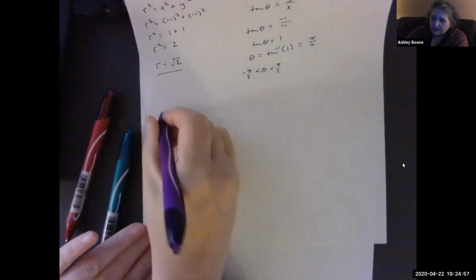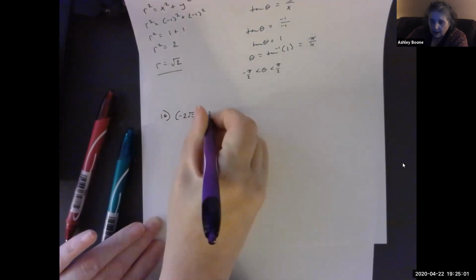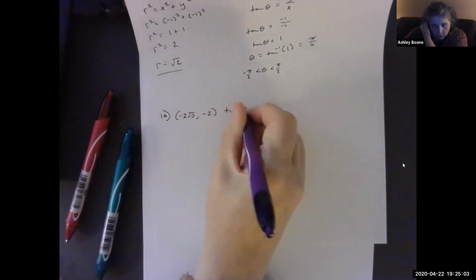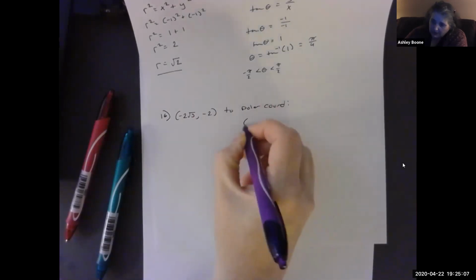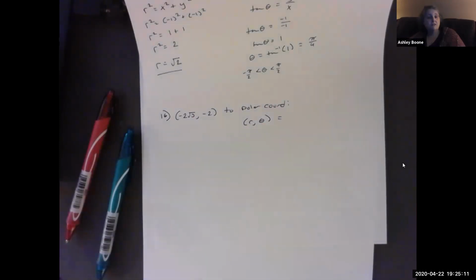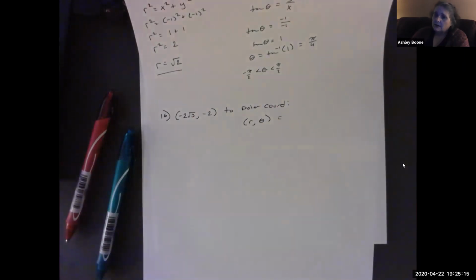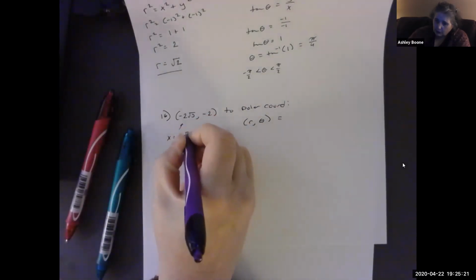Number 16 says to convert -2 root 3, -2 to a polar coordinate. So we know we want something in the form r theta. We want the r to be a positive value. We want theta to be within 1 revolution. So again, we know that x is equal to -2 root 3.